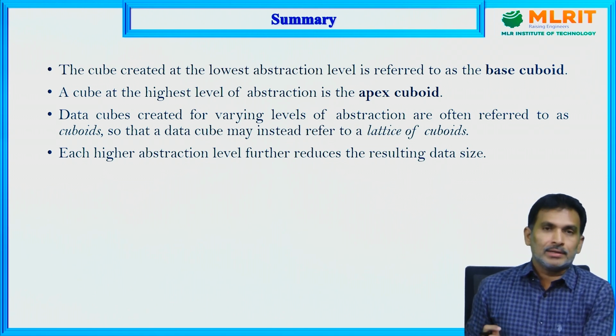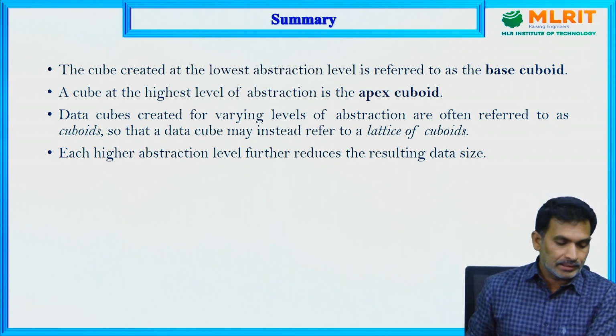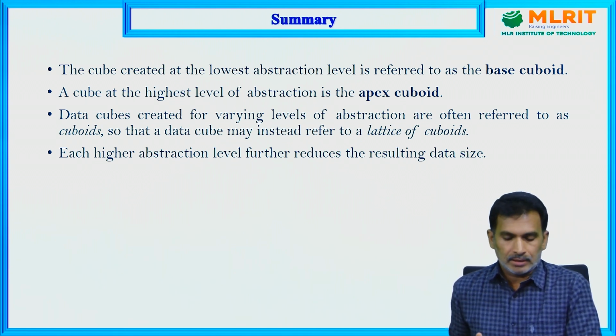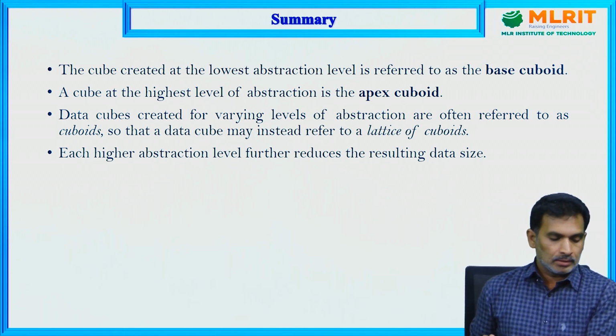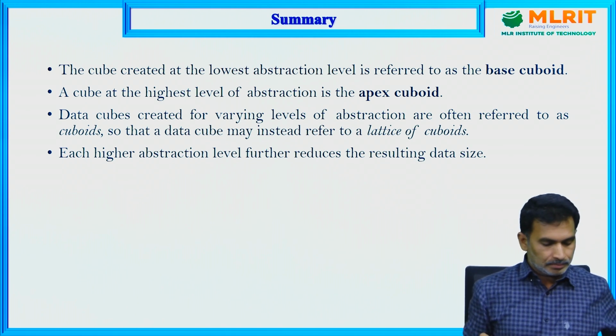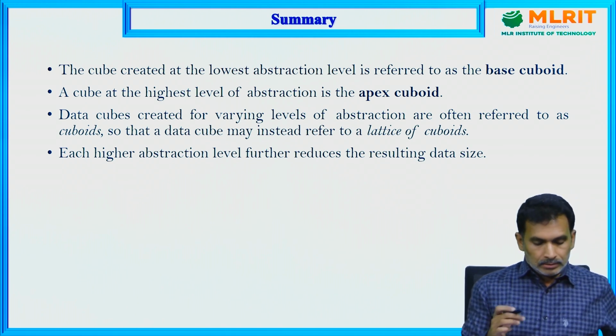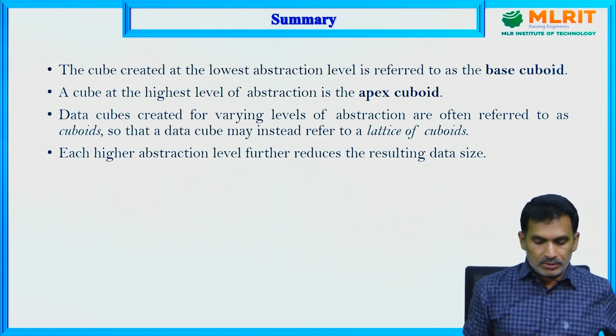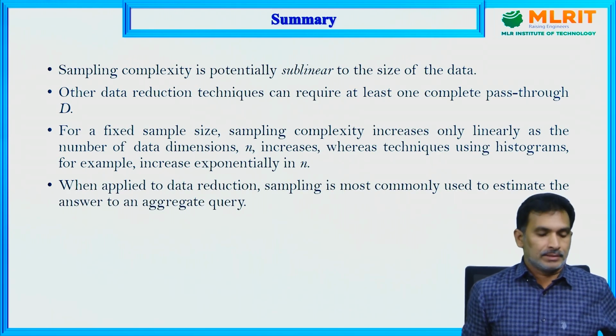So let us quickly summarize what we discussed in this lecture. The data cube created at the lowest level of abstraction is referred to as the base cuboid, and at the highest level of abstraction, the apex cuboid. Each higher level of abstraction further reduces the resulting data sets.